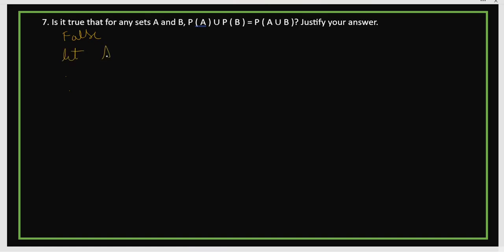We'll take a couple of sets. A equals {1, 2} and B equals {2, 3}. These two sets. So, what is A union B?